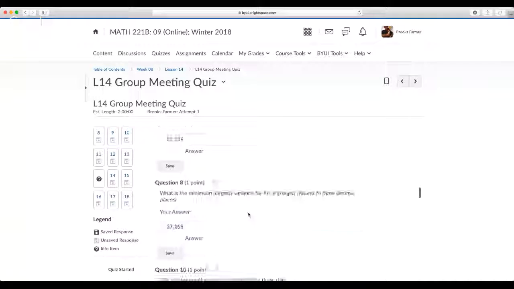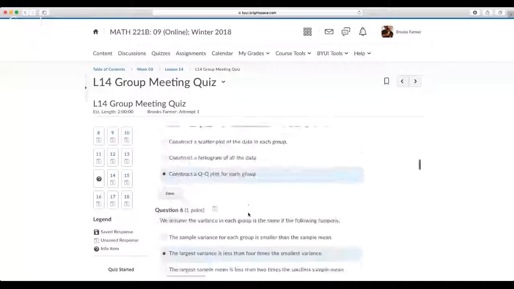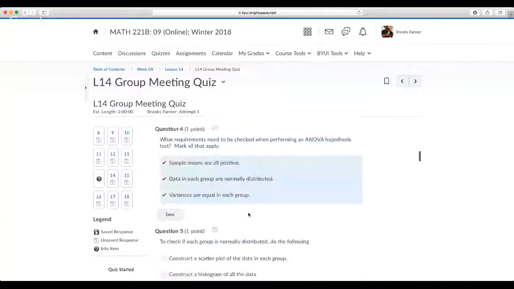Okay, so for 4, we got 0.67 out of 1. So we must have just clicked one that wasn't. Was it the sample means, they're all positive, I guess?